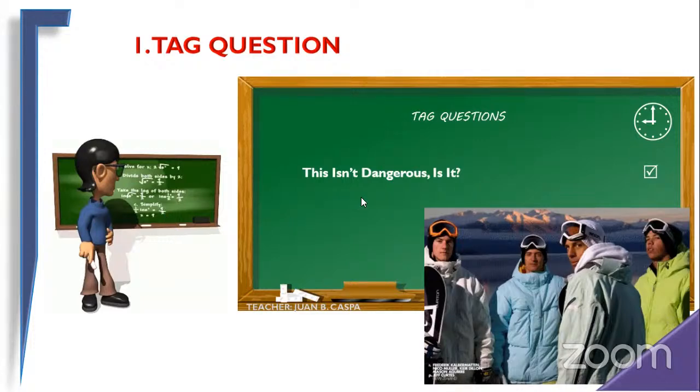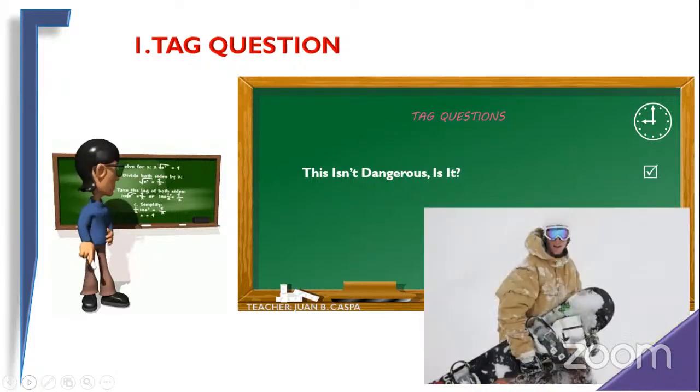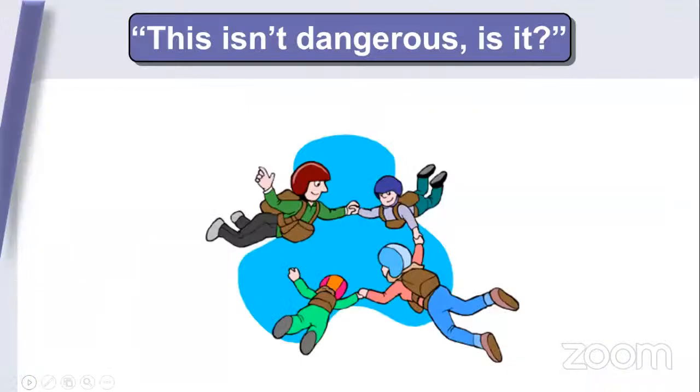It must be the statement. We say the statement is the first part, and the question is, of course, the tag question. And in that case, we're gonna use this isn't dangerous, is it? This isn't dangerous is negative, and the tag question is positive. And the same will happen with the other ones.